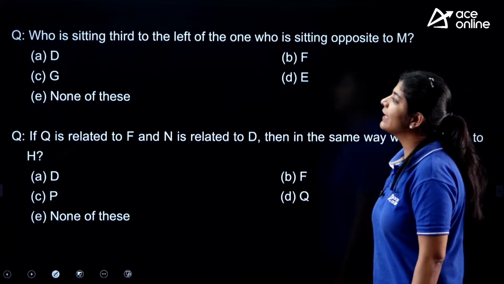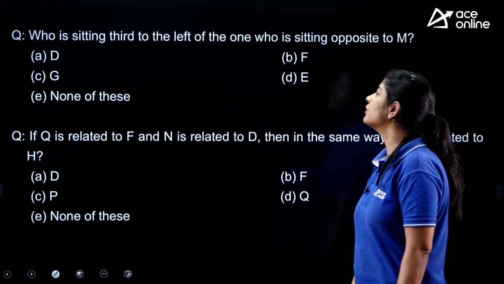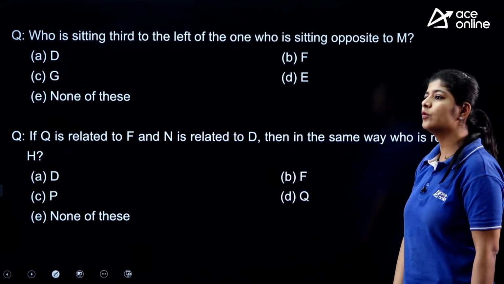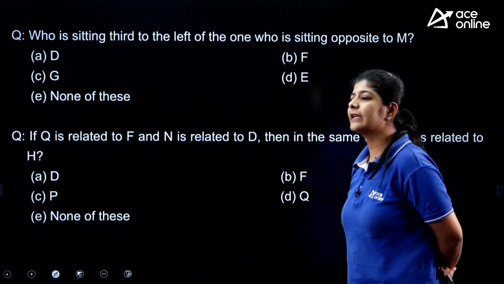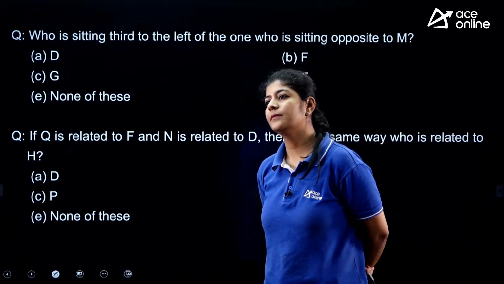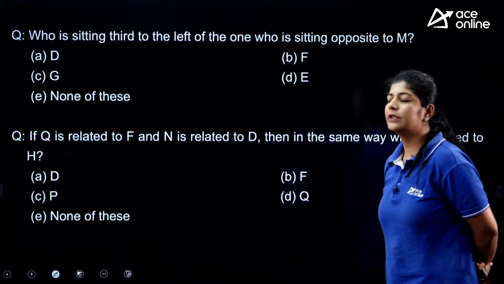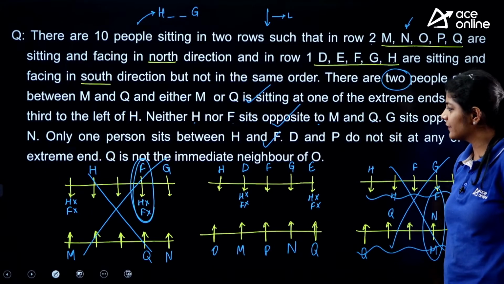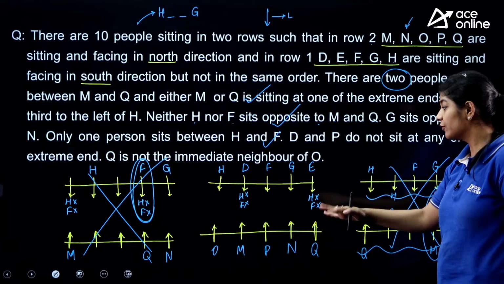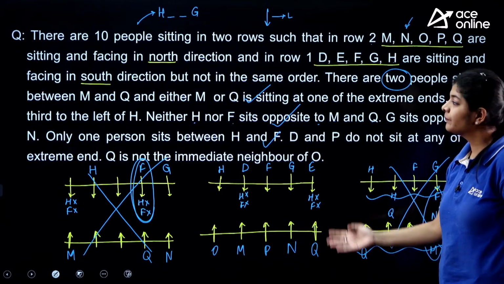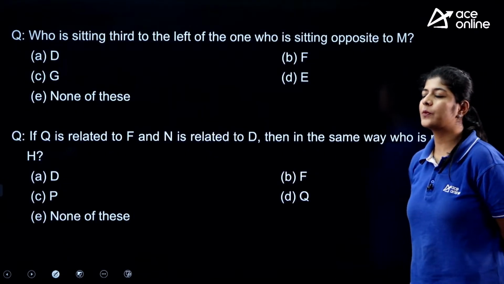The question is: who is sitting third to the left of the one who is sitting opposite to M? What answer are you getting? If you are getting the same arrangement, what is the correct answer of the first one?